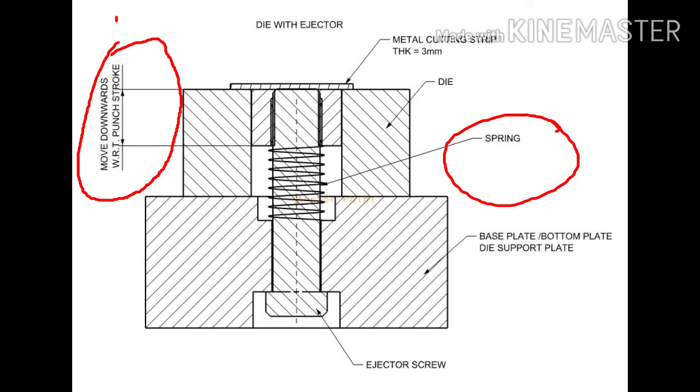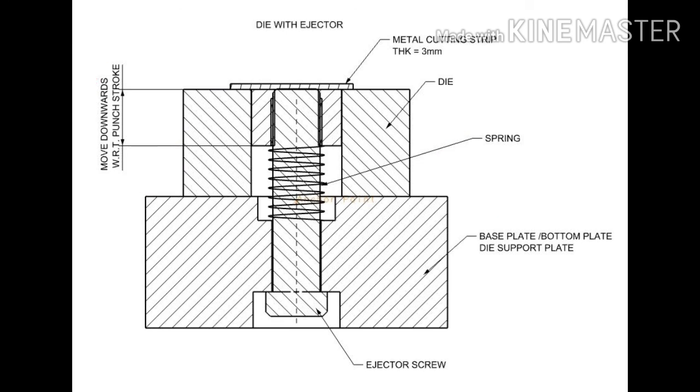In case of some dies having an ejector system to clear the blank, they will have straight walls without any angular clearance. You can see in the diagram there is no angular clearance provided.